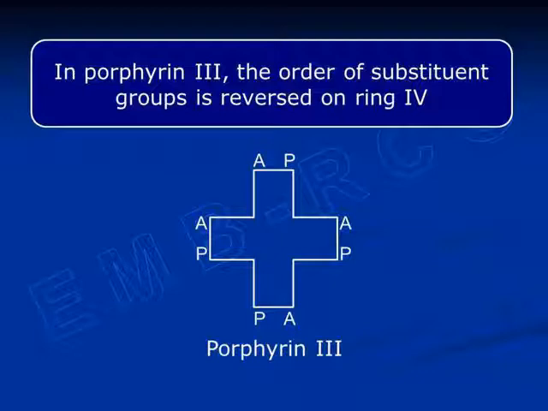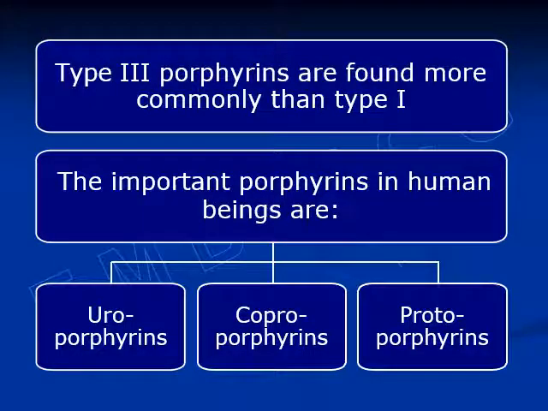So if you see here, AP, AP, AP, but in ring 4 it is no longer symmetric. It's PA, asymmetric. This is a major difference between porphyrin 1 and porphyrin 3. Type 3 porphyrins are the ones most commonly found compared to type 1.